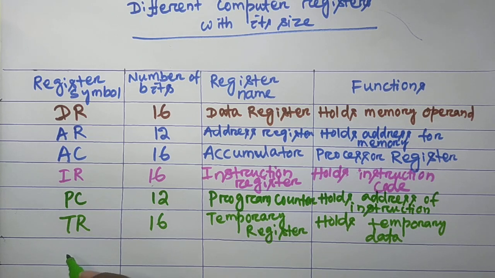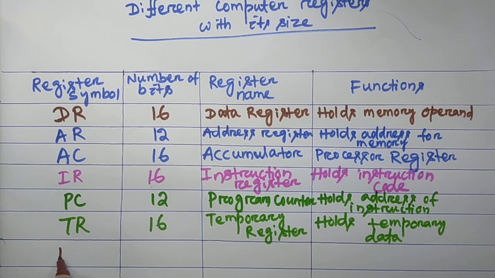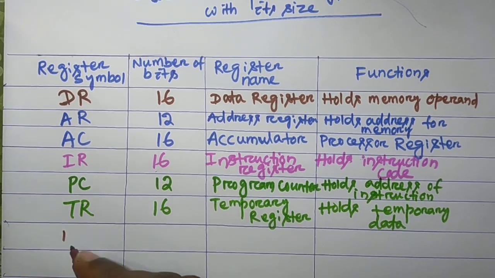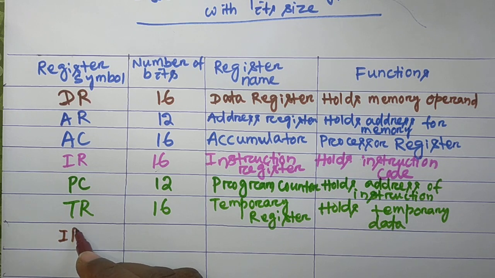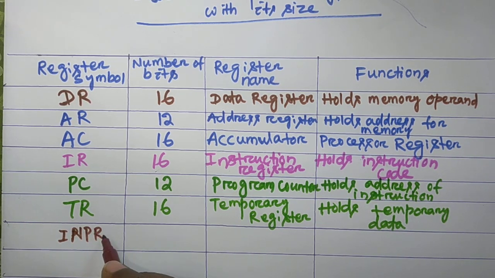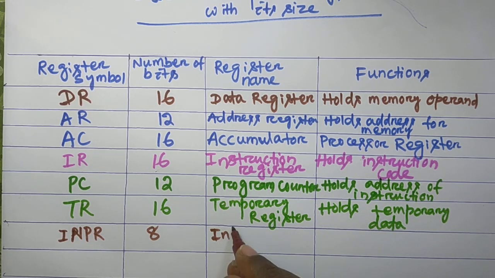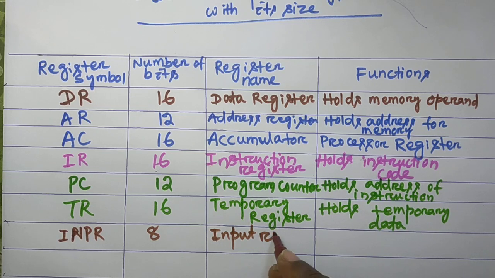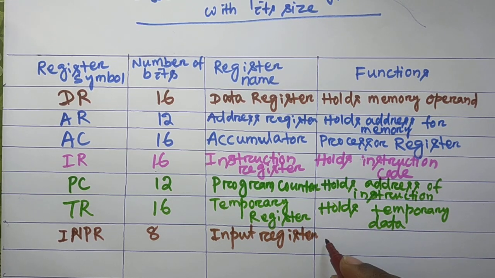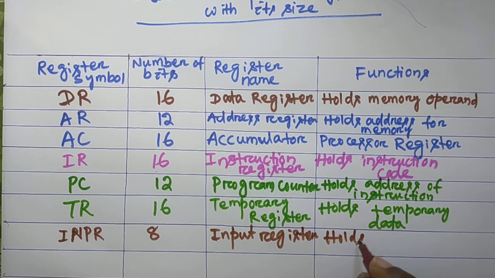Similarly, another is input, here we write INP. Actually, INP is 8 bits. That is the input register, and it holds input character.